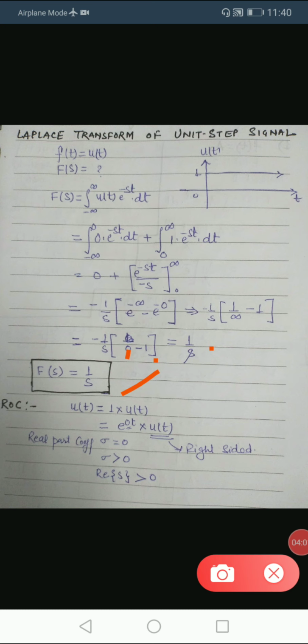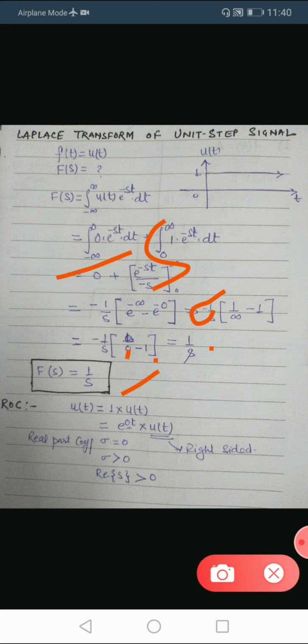Here is the shortcut method to find the ROC: u(t) is equal to 1 into e to the power minus st. The shortcut method: the coefficient of t in the exponent is minus s, and the real part of minus s is minus sigma.